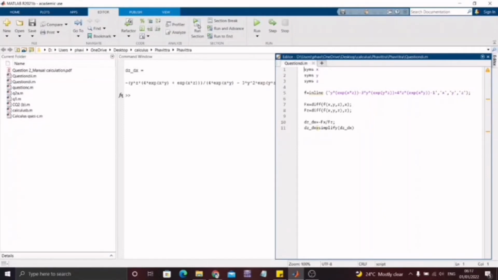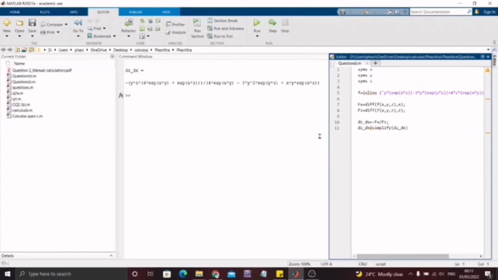When I run this simulation, this will be the output of the simulation, where it is negative yz bracket 4 exponent bracket xy plus exponent bracket xz over 4 exponent xy minus 3y power of 2 exponent bracket yz plus xy exponent bracket xz.